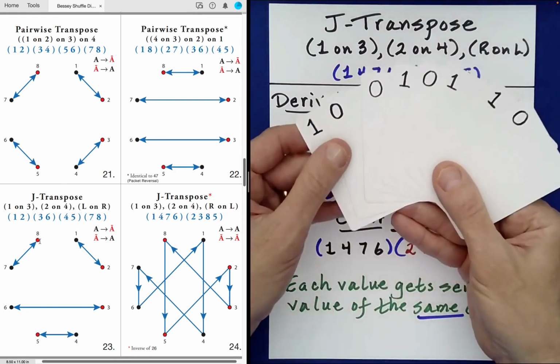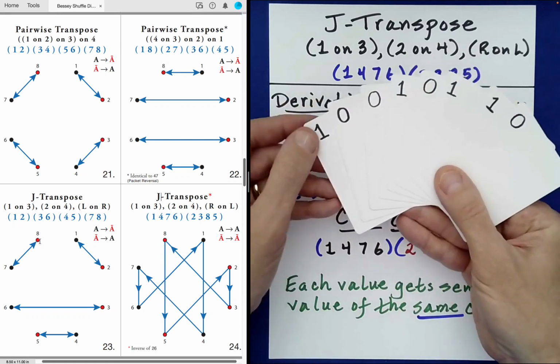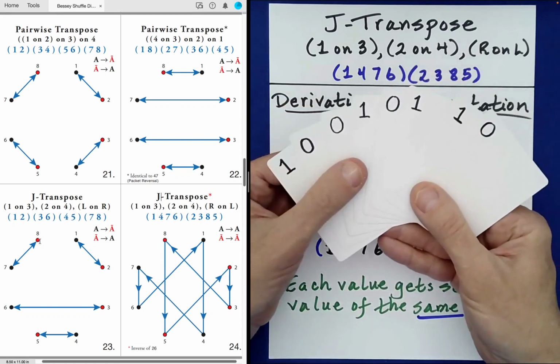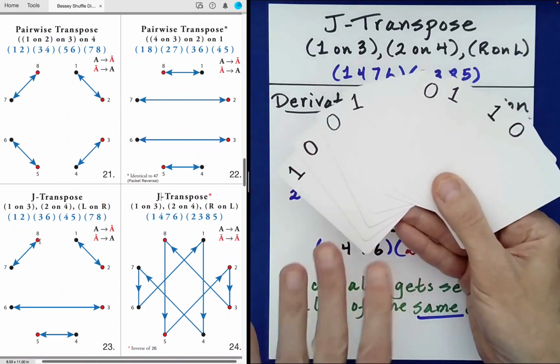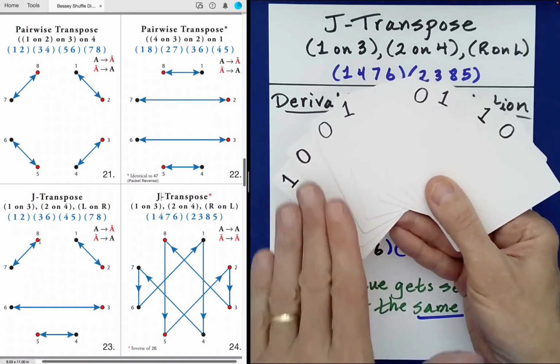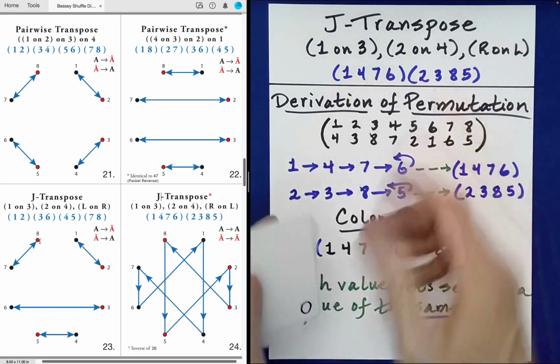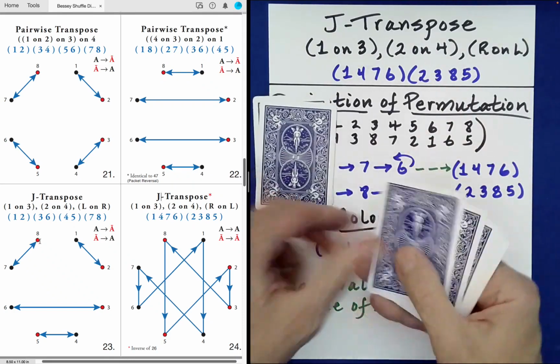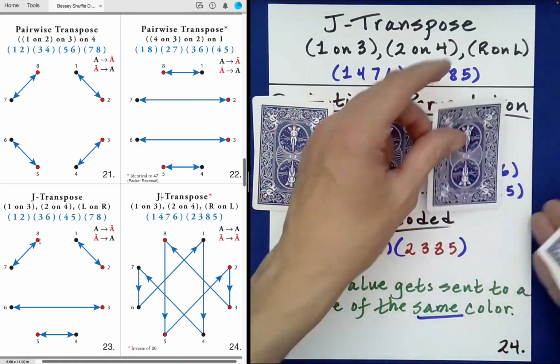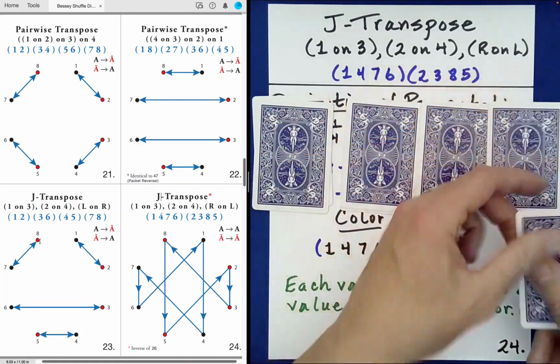So applying this shuffle to our Bessey sequence 1, 0, 0, 1, 0, 1, 1, 0, we should expect to get back this same sequence form. So let's go ahead and just perform that shuffle one more time. So we go 1, 2, 1, 2, 1, 2, and then 1, 2.